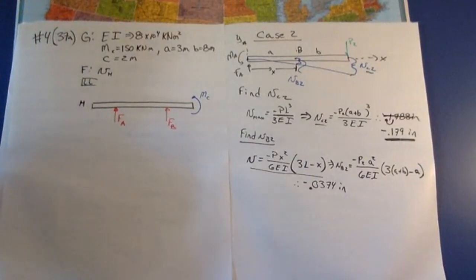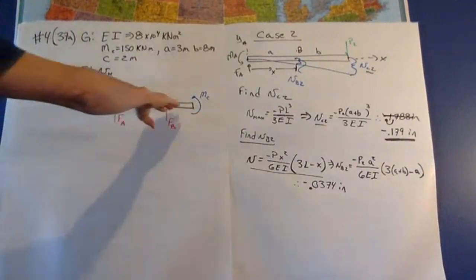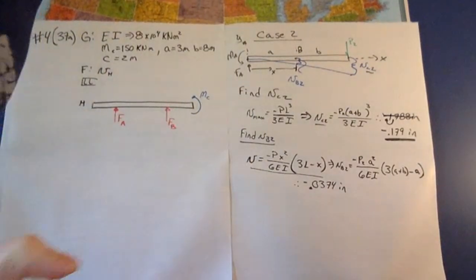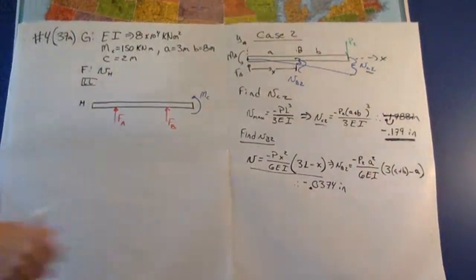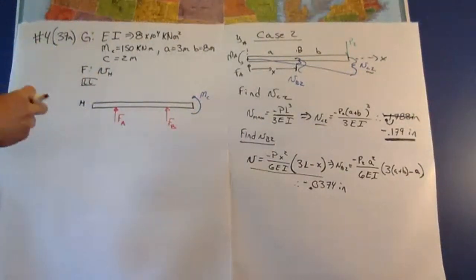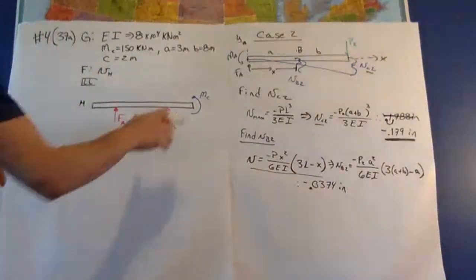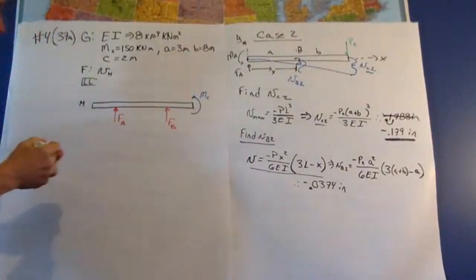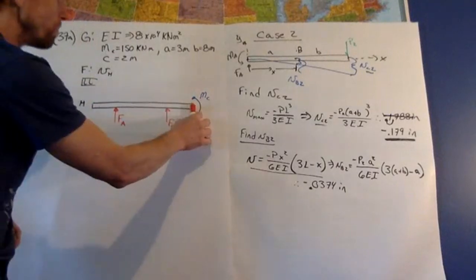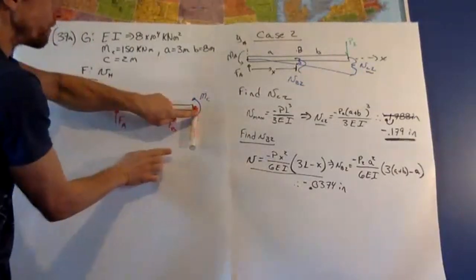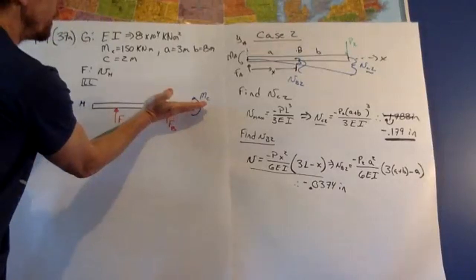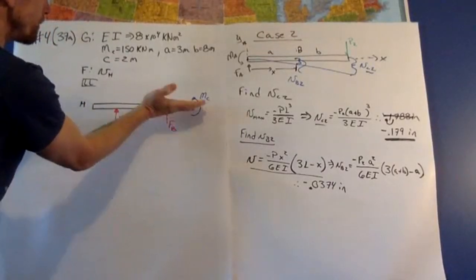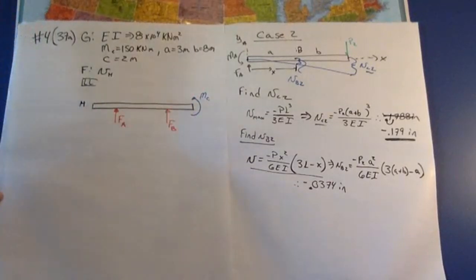So with that, what's going to happen to this curve? Let's break this up into sections. I'm going to try this orange. If this orange isn't doing it for you, let me know. If I put a wrench at this point and force this way, it's going to want to take this section of the beam and point it up.